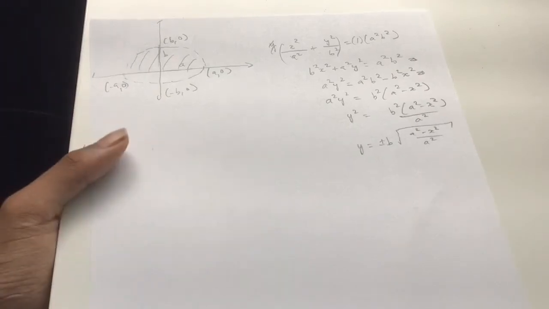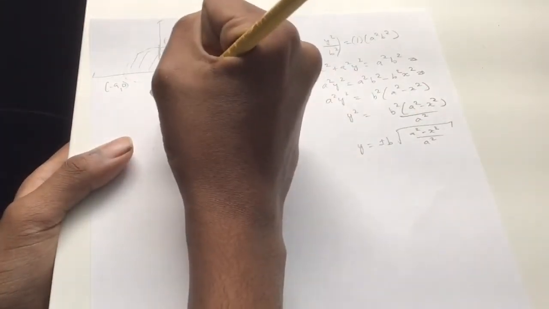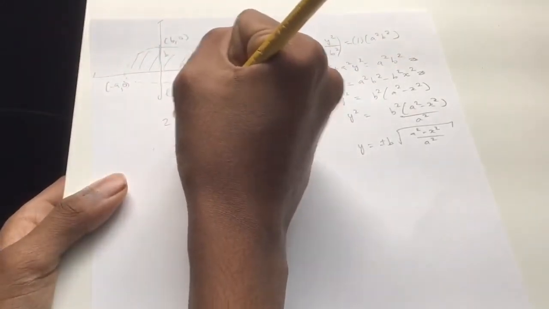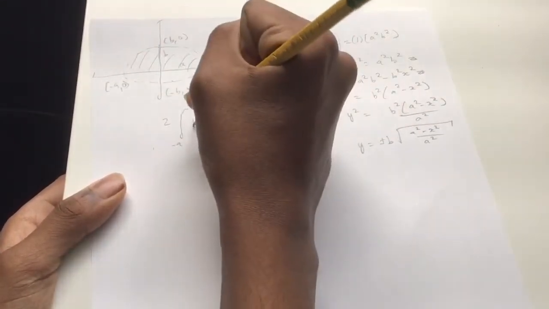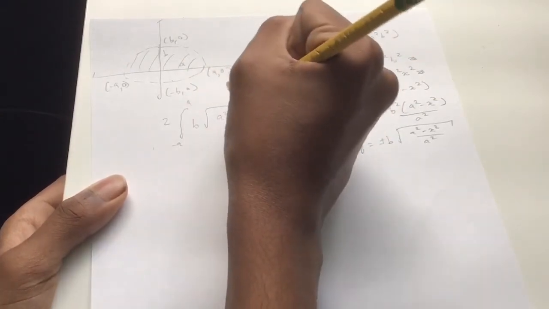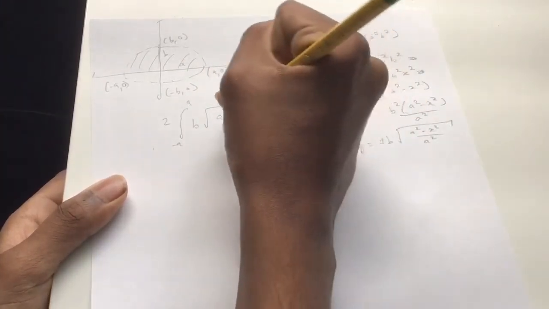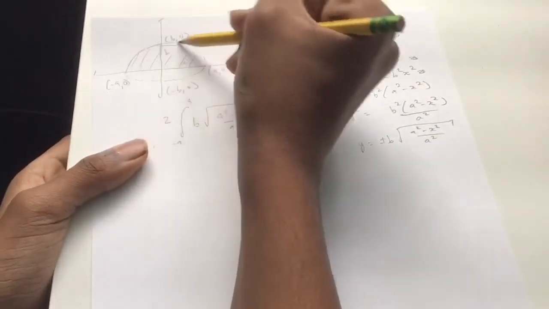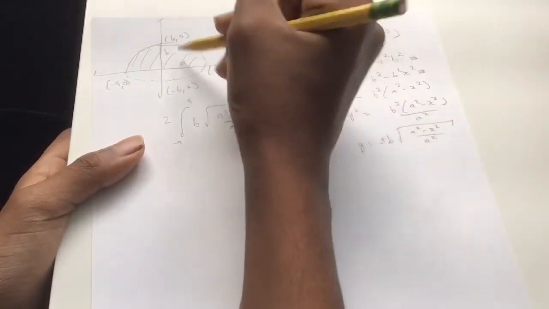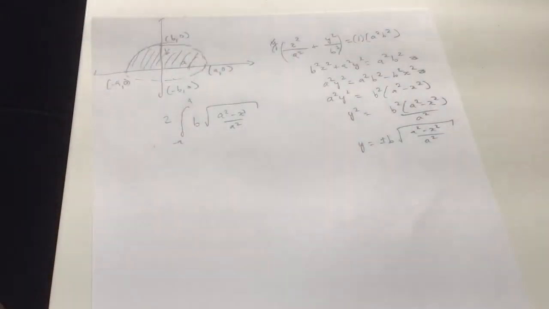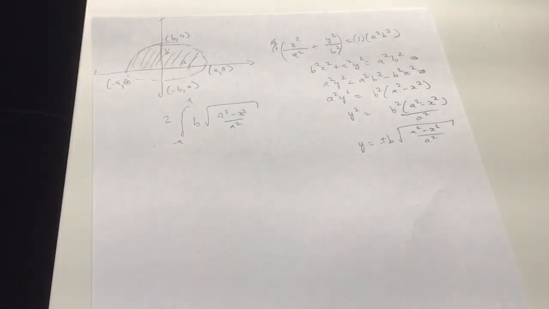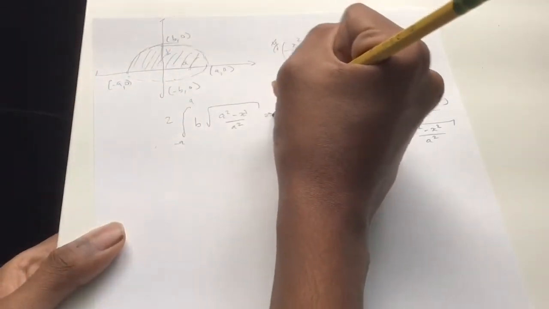Specifically, if we take 2 times the integral from negative a to a of b root a squared minus x squared over a squared, we will actually get our result, because this is tracing this curve over here, and the integral of that will give us this area. And since the ellipse is symmetrical about the origin, we know this area is exactly equal to the bottom area. So if we evaluate this integral, we'll get our answer.